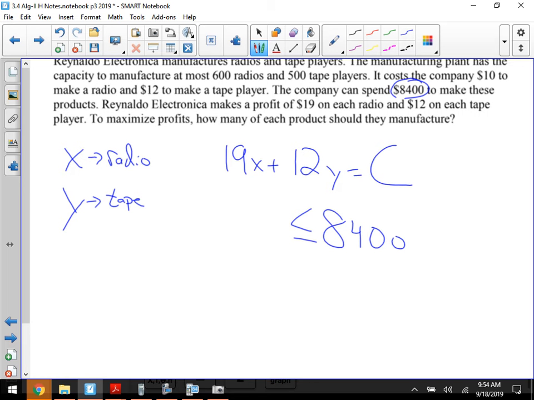And then how much does it cost to manufacture each piece? Very good. So you've got 10 for the radio and 12 for your tape deck. Okay?